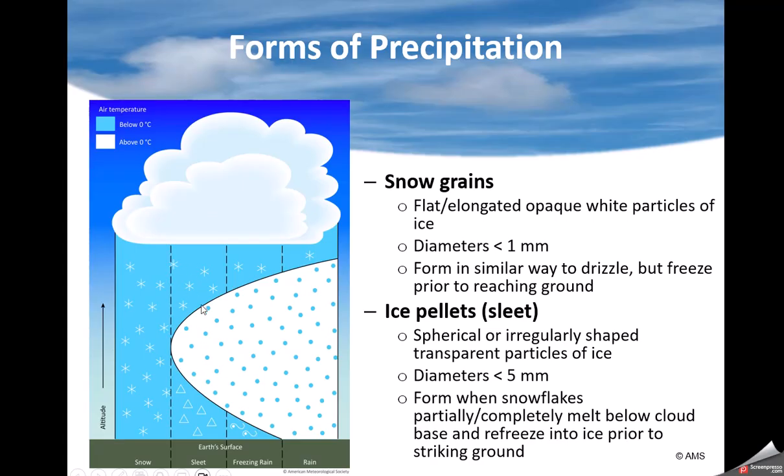So here come the snowflakes hitting a pocket of temperatures above freezing. Well, those snowflakes are melting. Then we have a bigger pocket of below freezing air at the bottom. Now they're freezing back into sleet. If I have only a little bit of freezing air, they go into ice. And eventually, as I get closer and closer to that warm front, temperature goes above freezing at the ground and it is all rain. But they did start out as snowflakes up here.